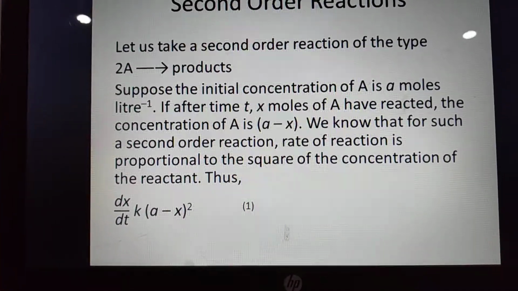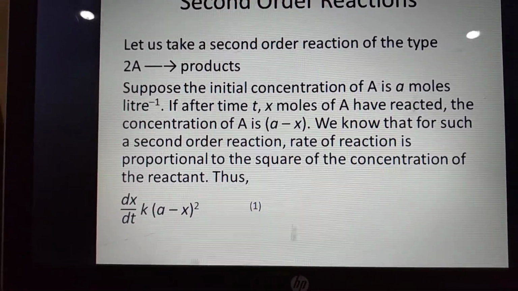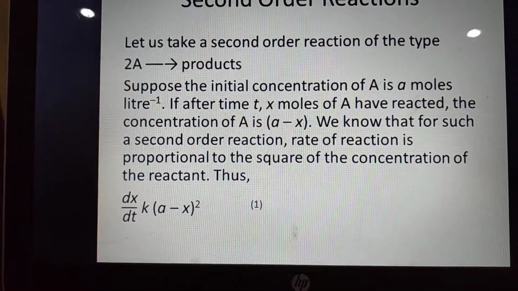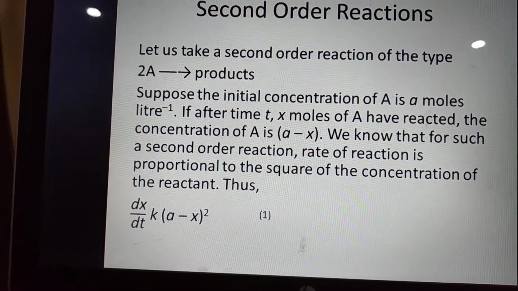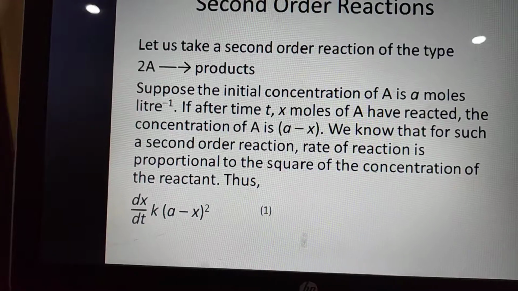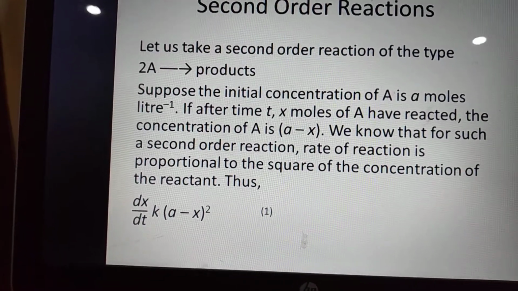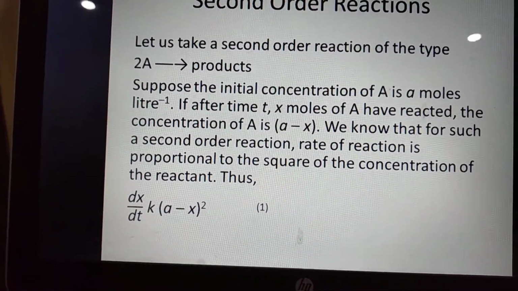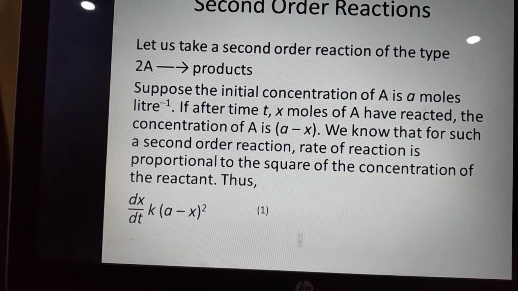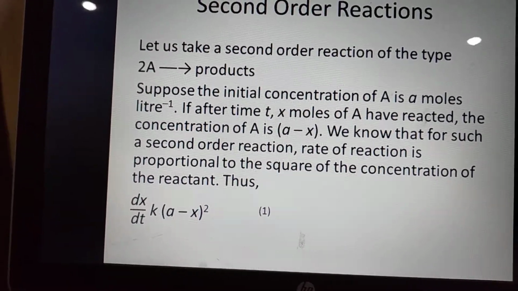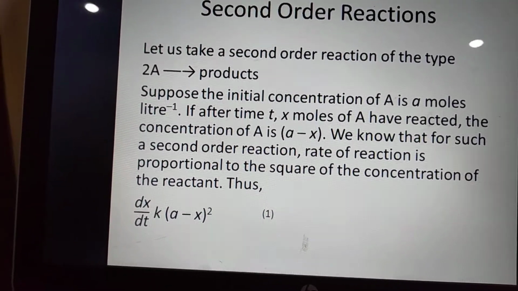We know that for such a second order reaction, the rate of the reaction is proportional to the square of the concentration of the reactants. So it becomes dx over dt equals k into (a minus x) squared, where a minus x is the final concentration of the reactant A.